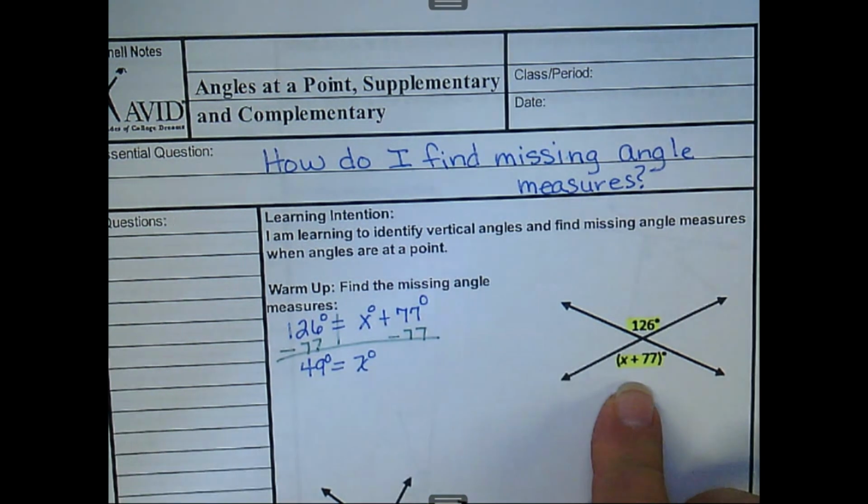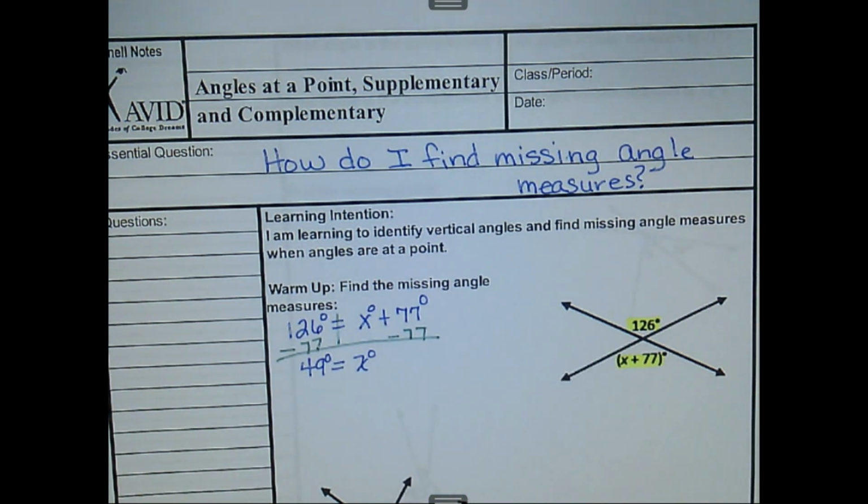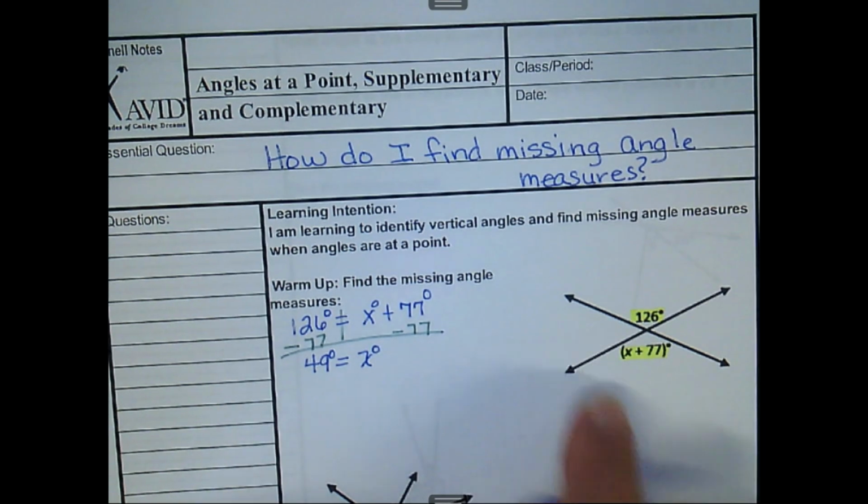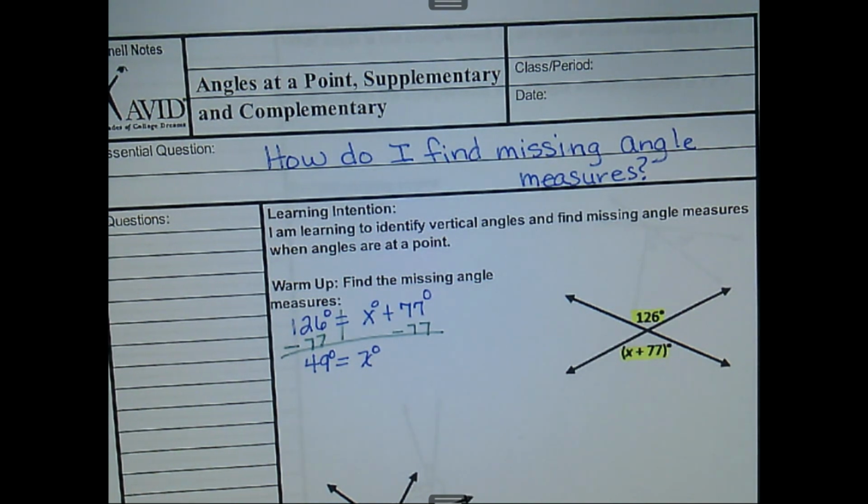So that's 49. Okay, so what about these two angles? We know that whatever they are, they've got to be the same. So I want you to take a minute and look at what you see in this picture. What figures do you see in that picture?